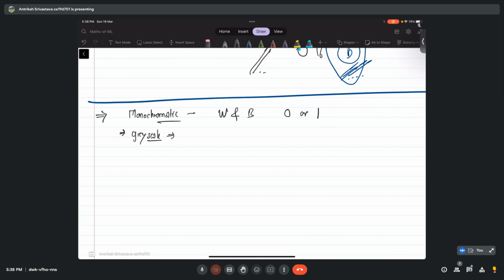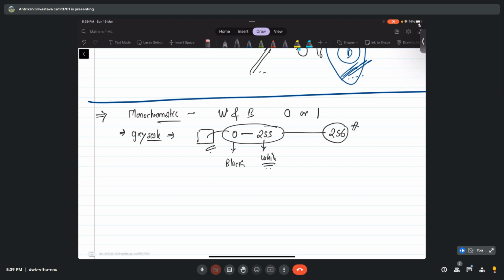How do we get that? The intensity of a particular pixel can vary from 0 to 255, 0 being black and 255 being white. That means from 0 to 255 it can take 256 different values.